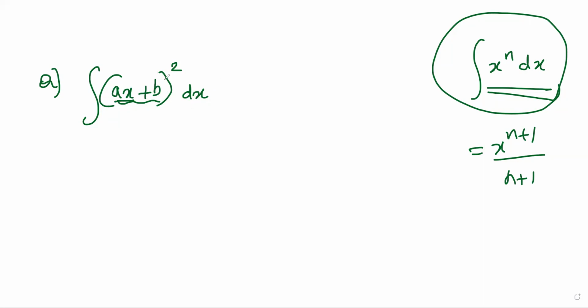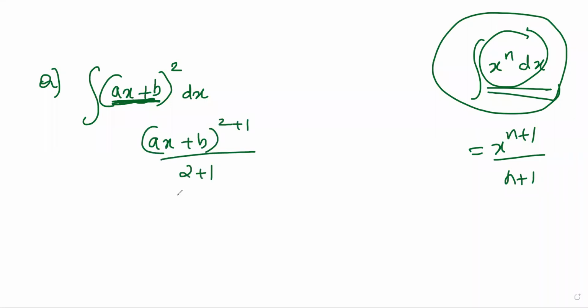Understood what I'm saying? Before applying this property, you have to see whether the inside thing is linear. So here no problem, the inside thing is linear. We don't have any square or anything inside. So you can directly take the integration. You will get (ax plus b) the whole raised to 2 plus 1 by 2 plus 1.